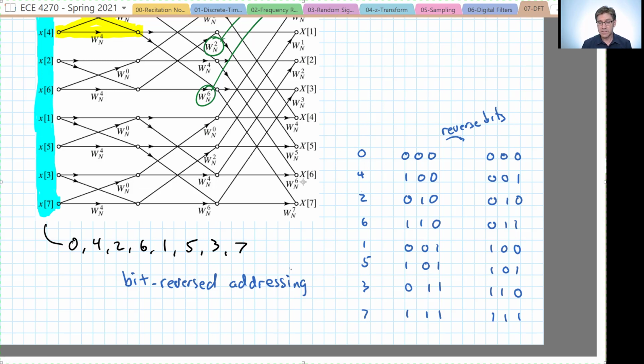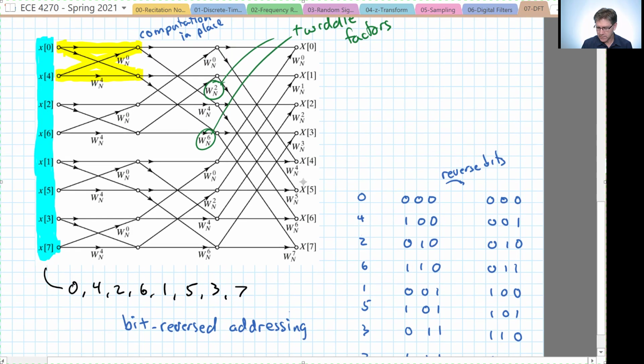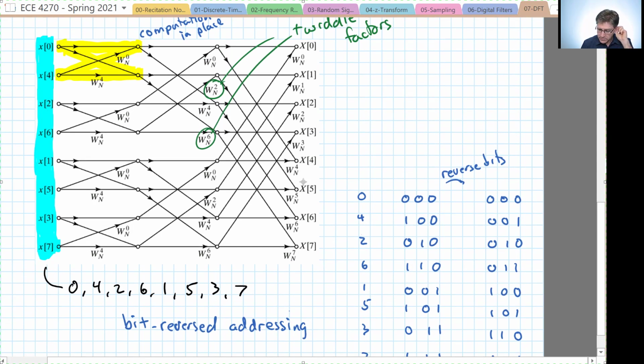You access it in the bit reverse mode, and it finds that value in the table. So for example, if you wanted to access the 0th one, no big deal. If you want to access the next value, you would load a value of 1, and it would return an address of 4 and grab x of 4 for you. So kind of a cool feature.